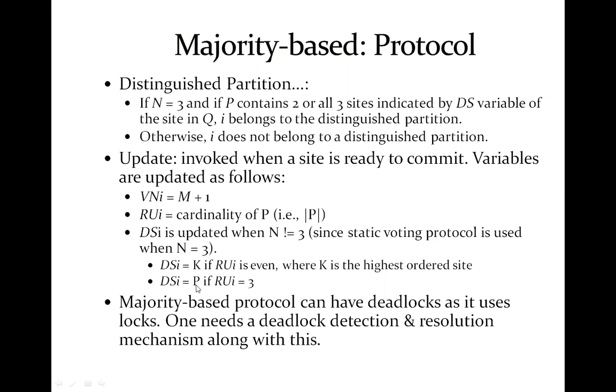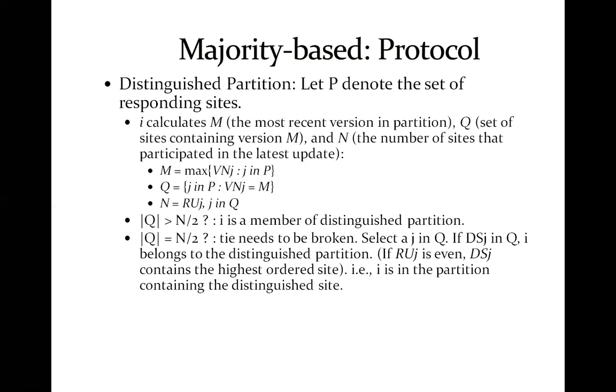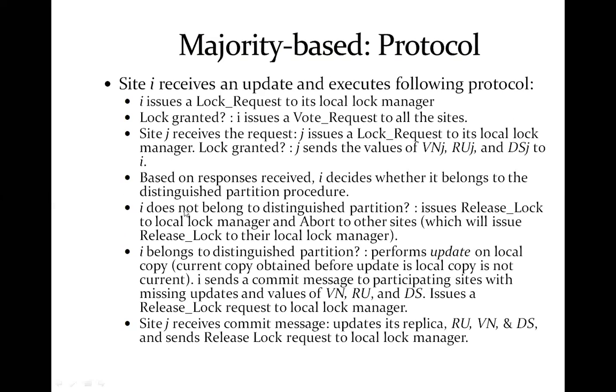So this is all about the protocol, because in this protocol, the important thing is when the site I receives the reply from the different sites to whom it has requested, they will be sending their different values of version number and replica updated in the DSJ, and then it has to decide whether it belongs to the distinguished partition.